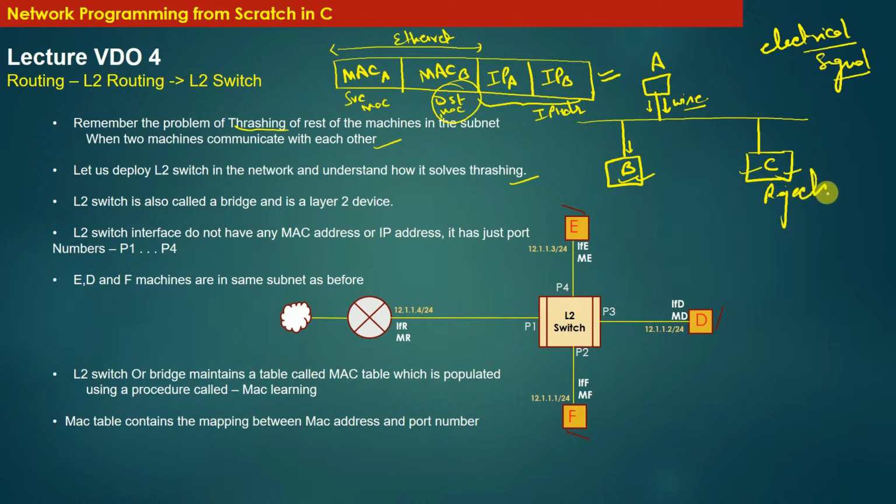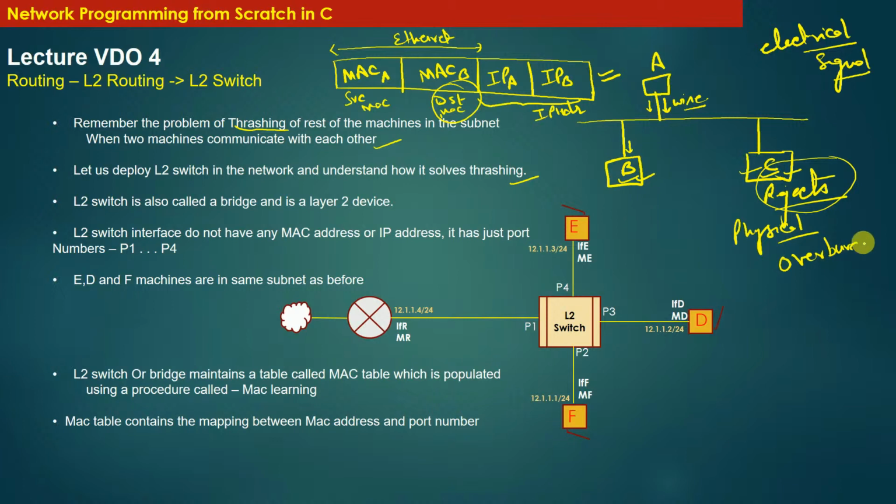Why does it reject the packet? Because the destination MAC address of the packet is not equal to the MAC address of machine C. So you can see that the physical layer of machine C is unnecessarily busy picking up the electrical signals placed on the wire by machine A. The physical layer of machine C converts those signals into packets, hands the packet over to the data link layer, and the data link layer simply rejects it. So machine C is overburdened.